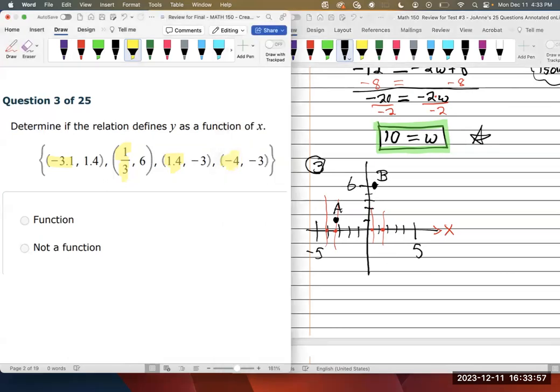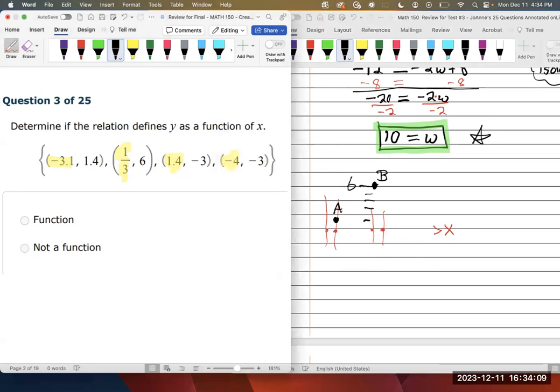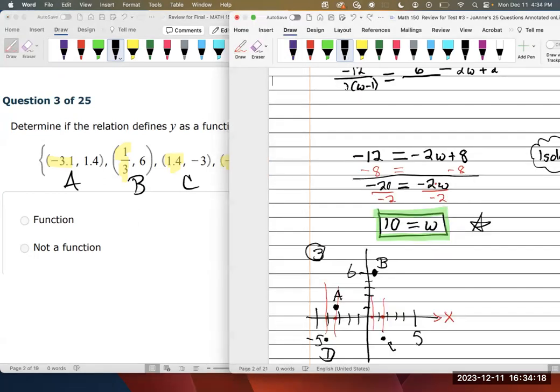And then negative 4, negative 3. If these are my points A, B, C, and D, they will in fact pass the vertical line test.